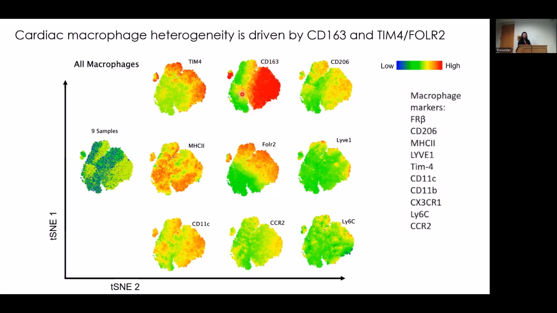There's also a really clear separation of a CD163 population, which again is known to be a resident macrophage marker. Interestingly, other macrophage markers like LYVE1, which has been reported a lot in the lung literature, didn't show up as a very large predominant population in any of my samples. And CCR2 is a pretty small population, and it's hard to make out a clear separation of CCR2-marked macrophages.